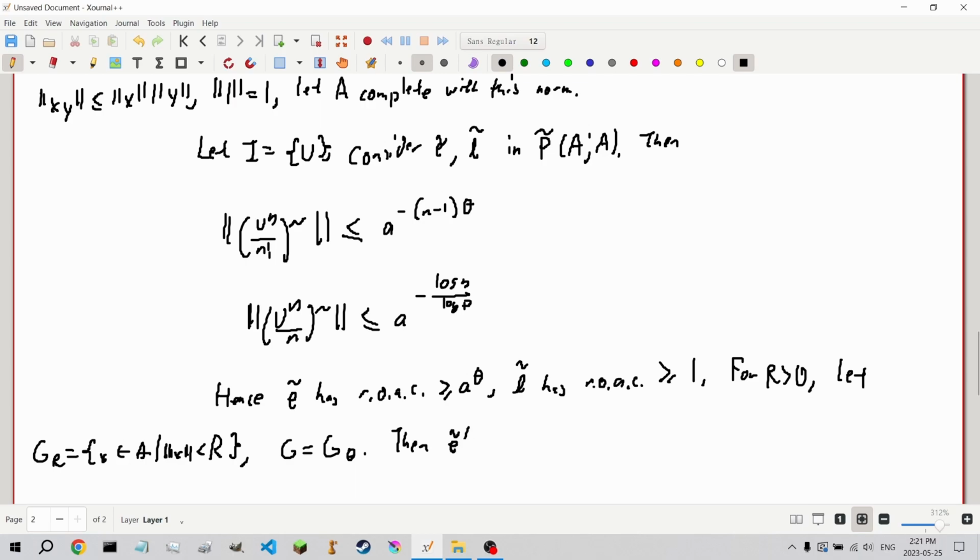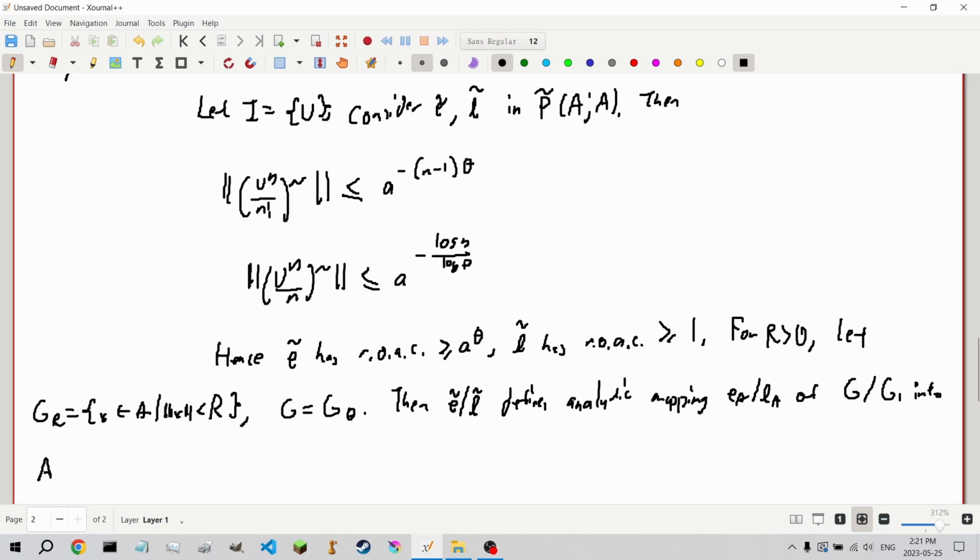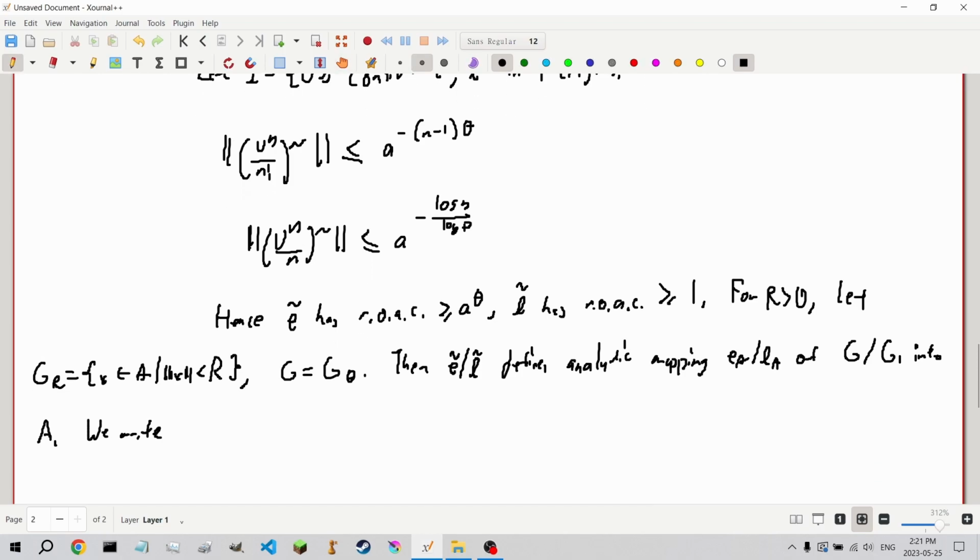Then the series E tilde and L tilde define an analytic mapping, which we're going to call, of course, EA and then LA, of G theta, alternatively G1, into A. We write the exponential of x, which is 1 plus EA of x, to be the sum of x to the n over n factorial.